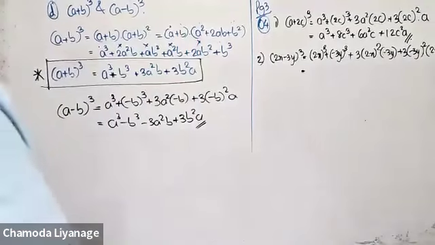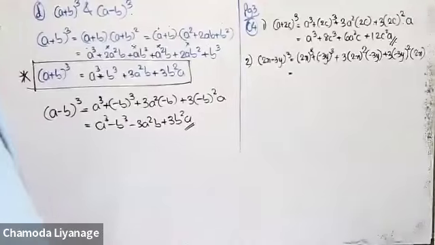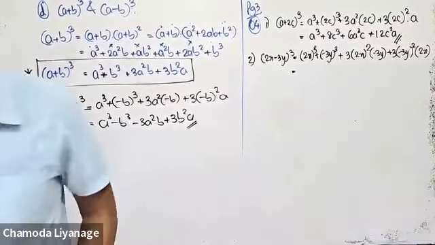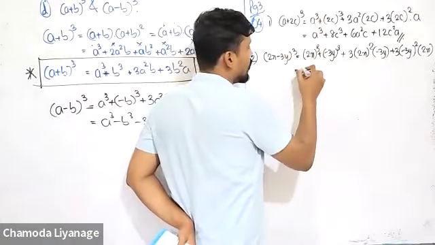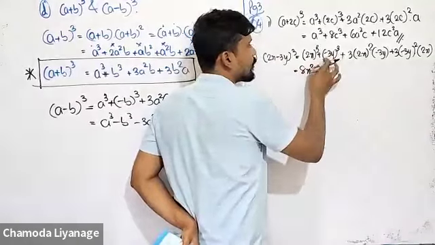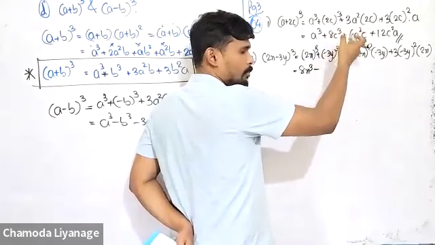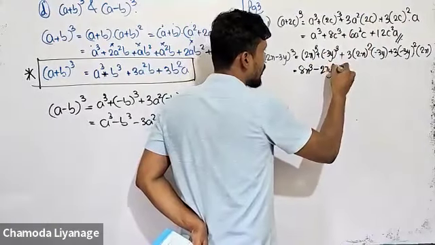You can't see, no? Right? Now the simplification part. What is 2x cube? Whole thing cubed is 8x cube. Here, what is the answer? Minus, right? Because minus cube is minus, and minus 27 y cube.